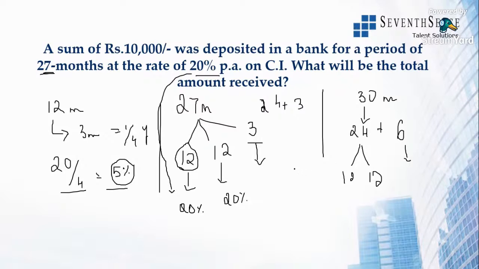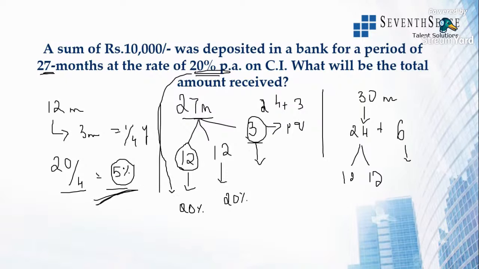Some are telling it is 5 by 12. Pranav, it is not 3 by 12. Don't consider that as 3 by 12, because I have already taken it in months, so don't take it again as 3 by 12. It is already a per quarter basis. If it is per quarter, I've already told you to divide that by 4.